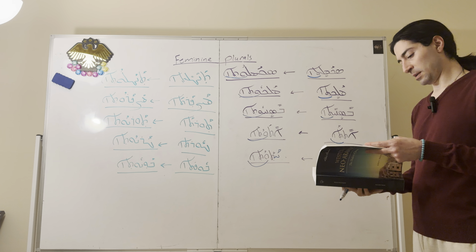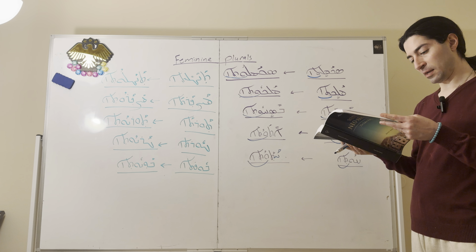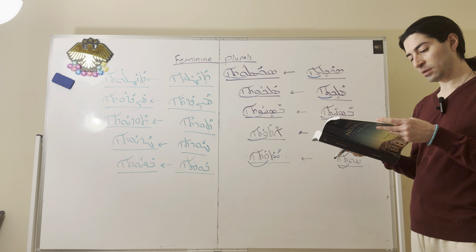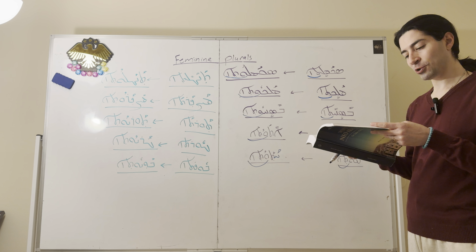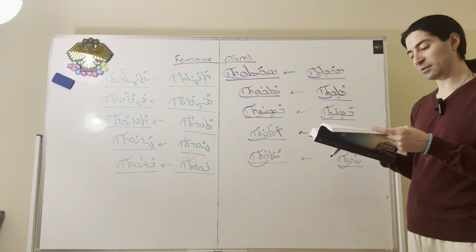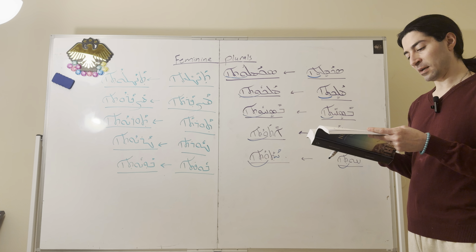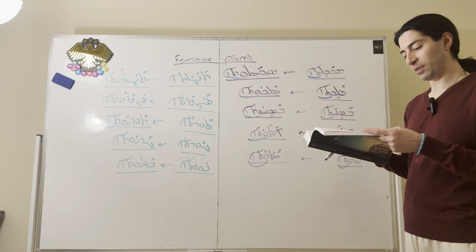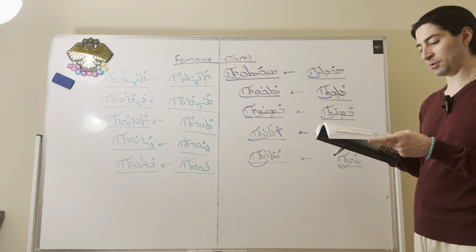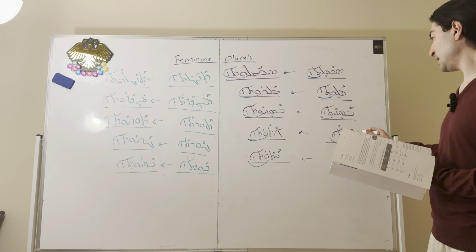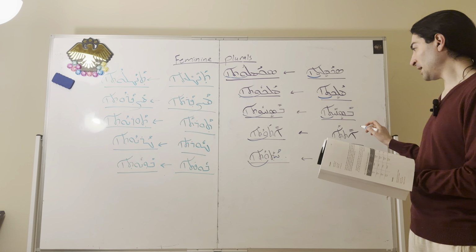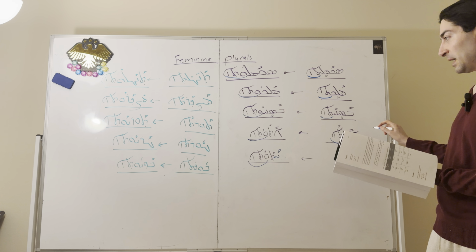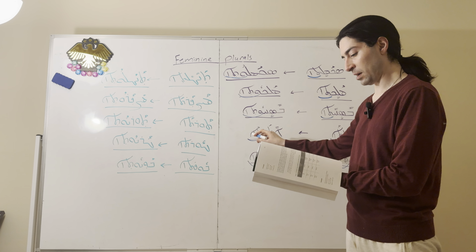So let's see one more word. We have the word Kuktha or Chuchtha, depending on the dialect. It becomes Chachwotha. It's a little bit hard to say. So let me read these last ones one more time. Ichtha becomes Itcha Wotha.